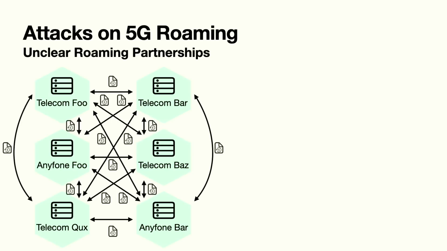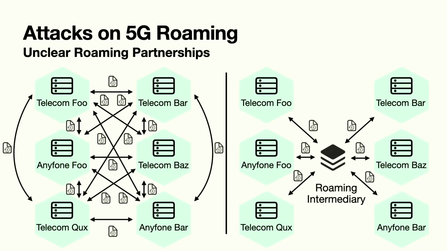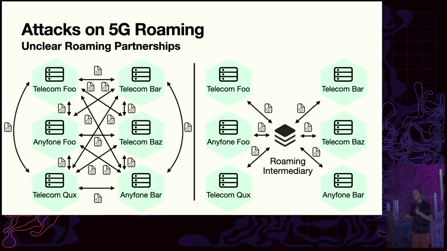But you see that would be quite complex. So what we actually have are roaming intermediaries. Those are third parties in the middle which manage the contracts. The problem here is that trust and observability are worse, since we have the intermediaries in place.